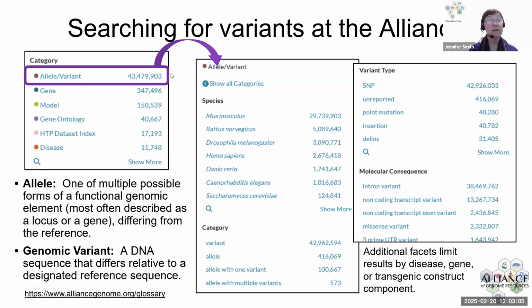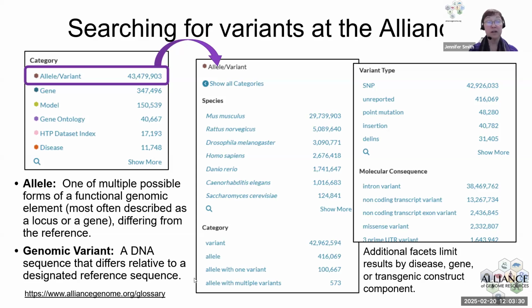So in this summary, if you choose the allele variant category, you get a number of options for ways of filtering that data, because you probably don't want to look at 43 million records. So you can choose a species. So I just want to see the mouse variants, or I just want to see the C. elegans variants.